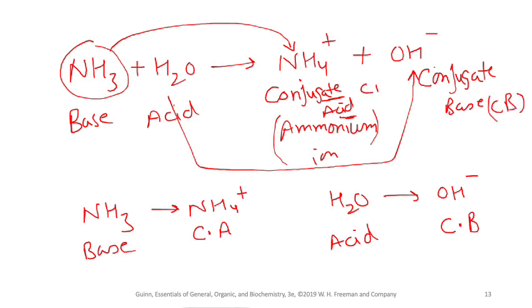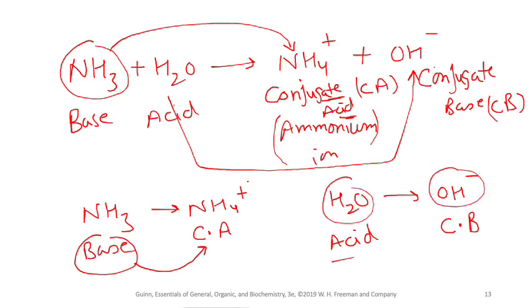So we have a pair. The molecule that acts as a base is going to convert into a conjugate acid. So ammonium and ammonia form a pair of base and conjugate acid, and water and hydroxide ion form a pair of acid and its conjugate base.